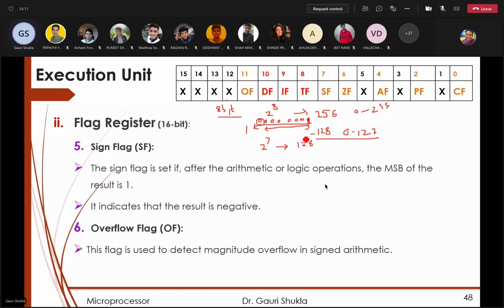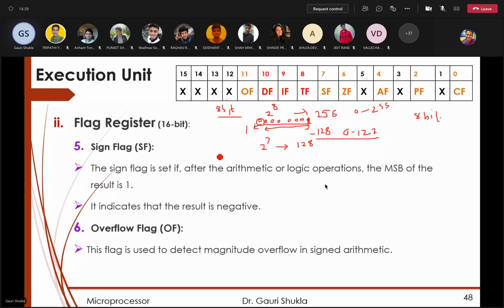Okay. See, I have to decide right now whether I am working with signed numbers or unsigned numbers. Right? So being a programmer, I should know that logically if I'm working with 8-bit, my MSB is kept aside to bifurcate between unsigned integers and signed integers, isn't it?